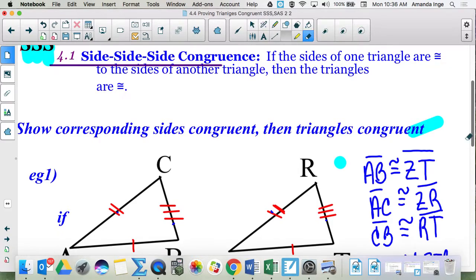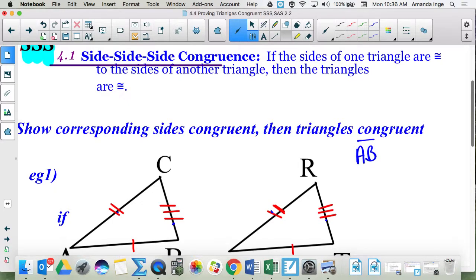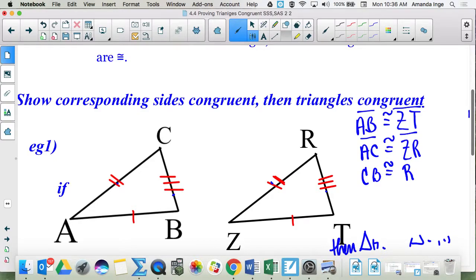So you'll notice here I have these marked. So I know that side AB is congruent to side ZT. I have that AC is congruent to ZR, and I have CB is congruent to RT.